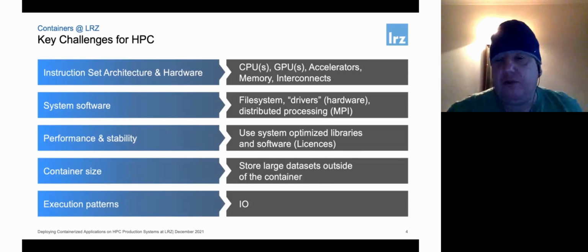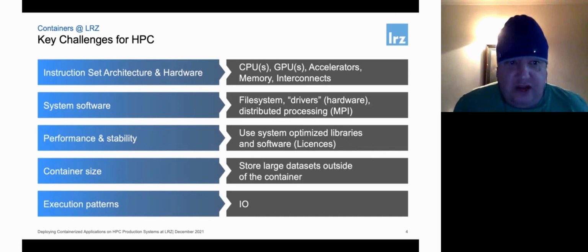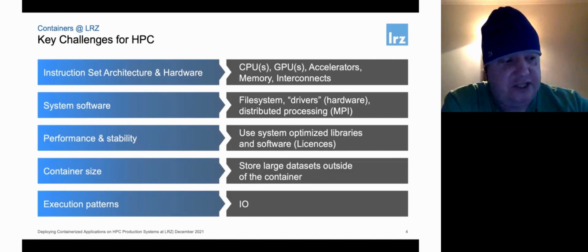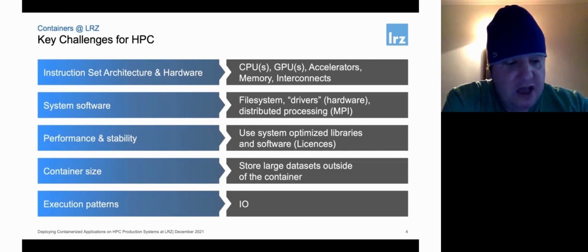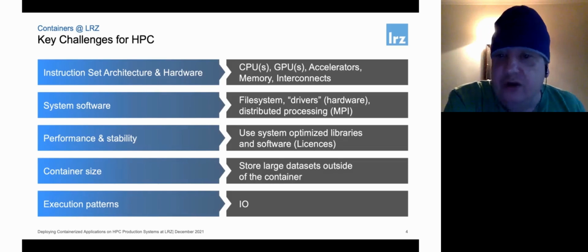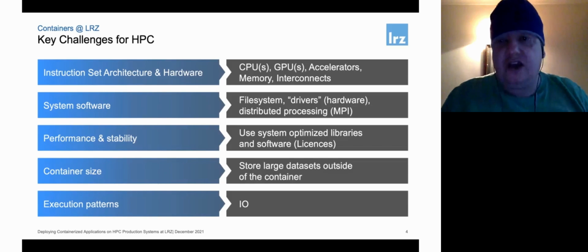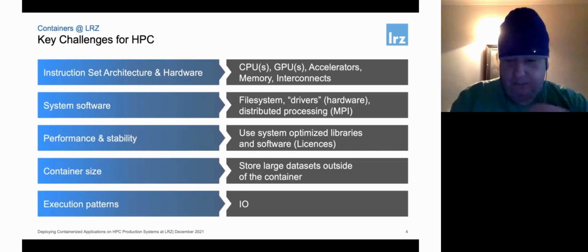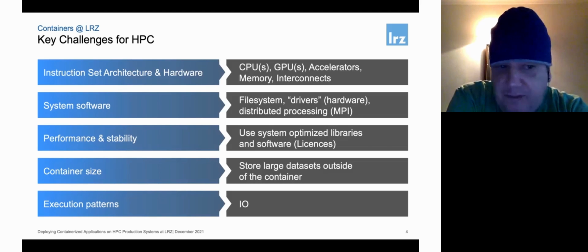Also, the software system. So, for example, the drivers for the GPUs or accelerators, and the MPI. As you've seen in the previous talks, MPI has been a bit of an issue, and the HPC community is well aware of this and is working on trying to make it a little bit easier. But the general view is you're going to have your MPI which matches your system MPI, because it's been optimized for performance and stability.